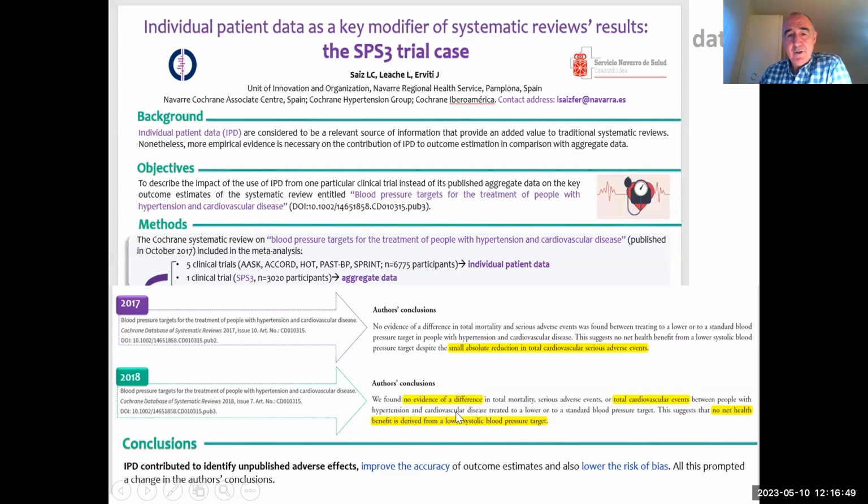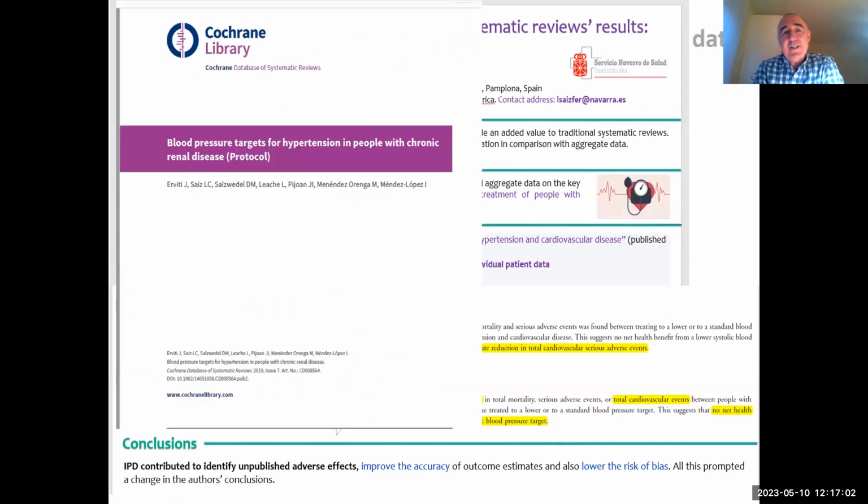So there was no potential benefit of lowering blood pressure beyond standards, standard BP blood pressure. And this is another example of the things you can do if you have individual patient data.